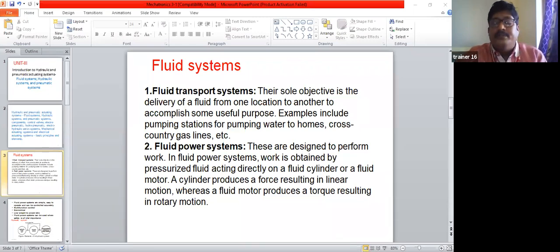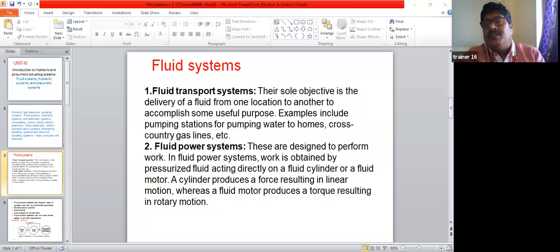And the next, these hydraulic system mechanisms are not subjected to great wear. Hydraulic or pneumatic actuation systems are not subjected to great wear, whereas mechanical actuation system mechanisms like cams undergo more wear.